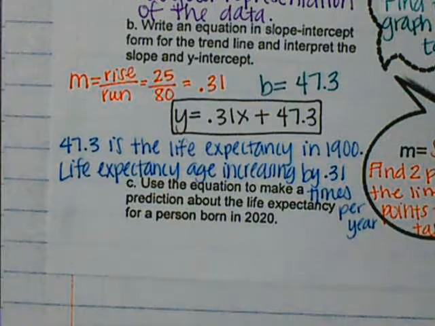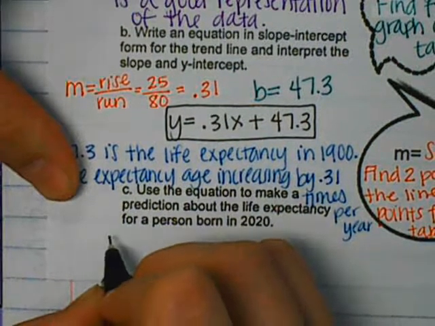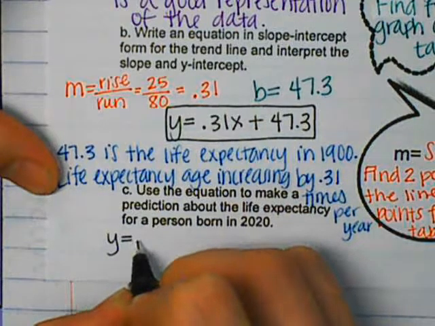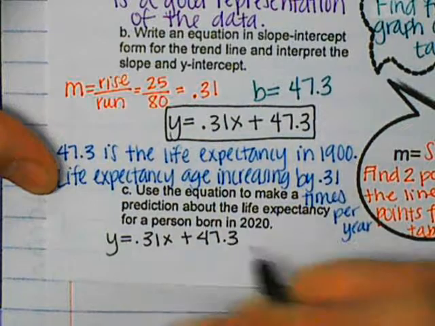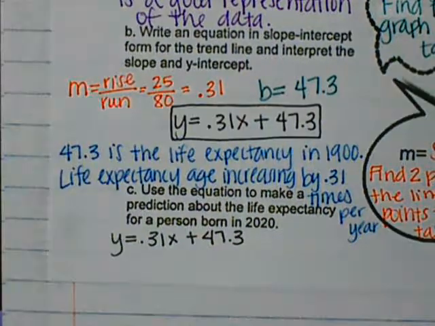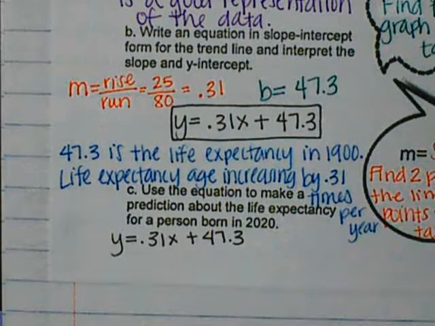So lastly, C, use the equation to make a prediction about the life expectancy for a person born in 2020. We could use our equation. We could also use our graph. So we'll use the equation first. We have y equals 0.31x plus 47.3. X is the years since 1900.